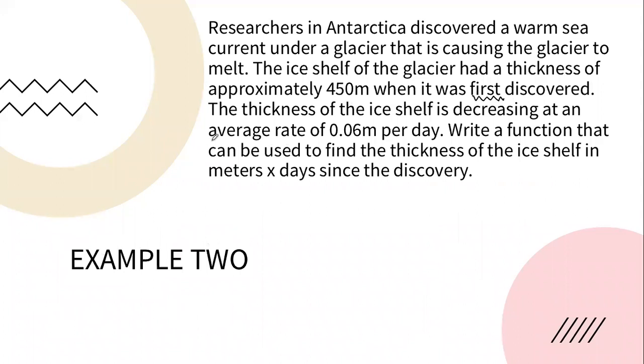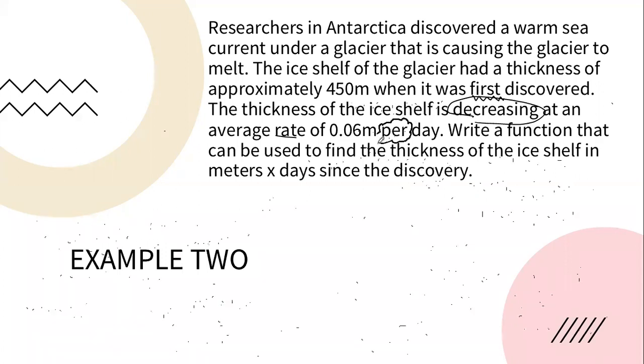That's important. The thickness of the ice shelf is decreasing, that's an important word, at an average rate of 0.06 meters per, that's important, per day. Write a function that can be used to find the thickness of the ice shelf in meters x days since the discovery.